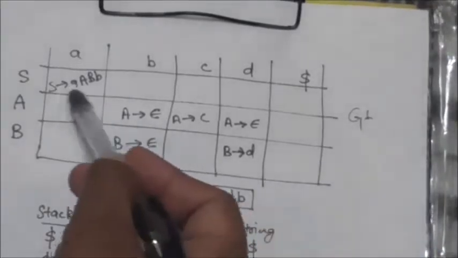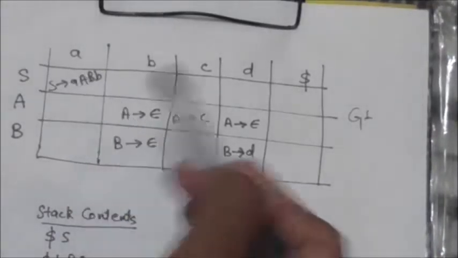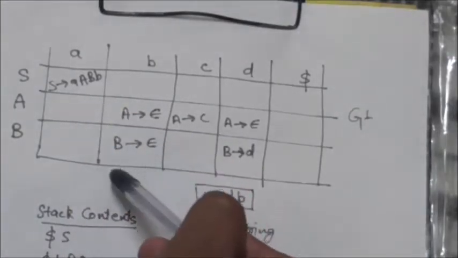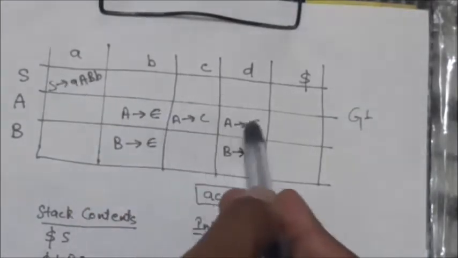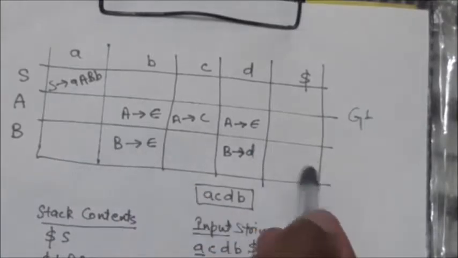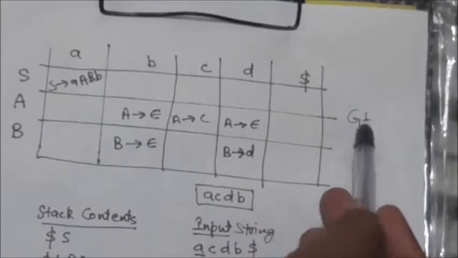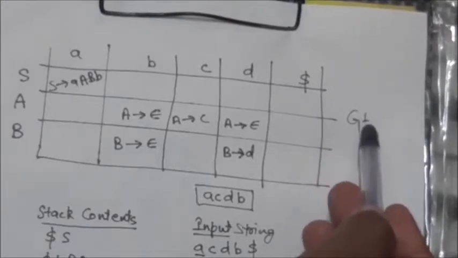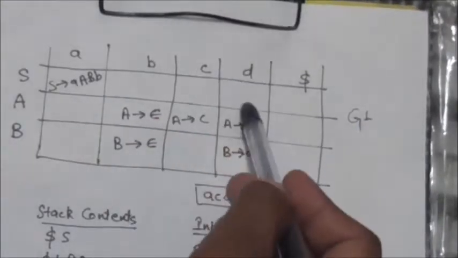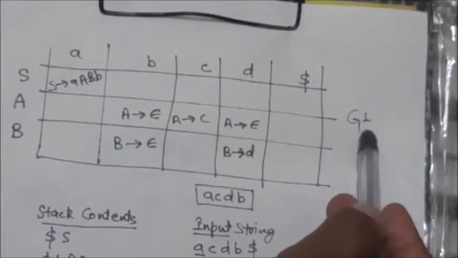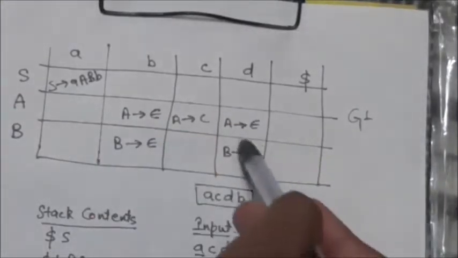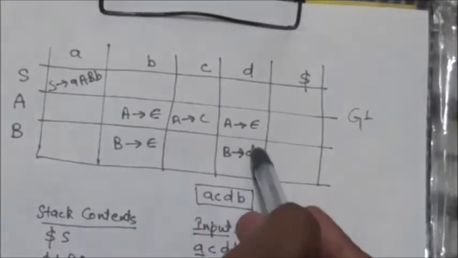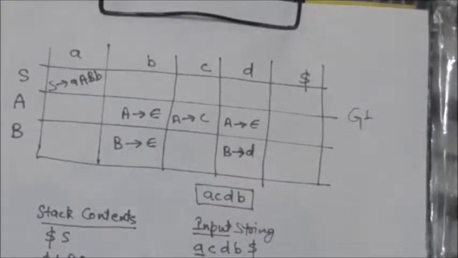Now this table does not have multiple entries, so it has only single entries. So this grammar G1 is an LL1 grammar. This grammar G1 is LL1 because when we constructed the parsing table for it for the predictive top-down parser, the table doesn't contain multiple entries.